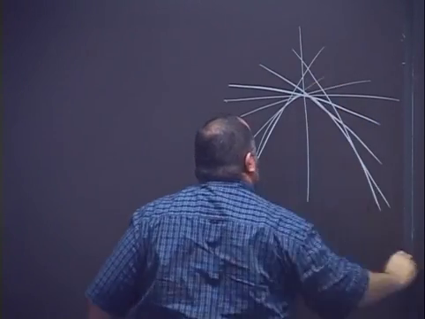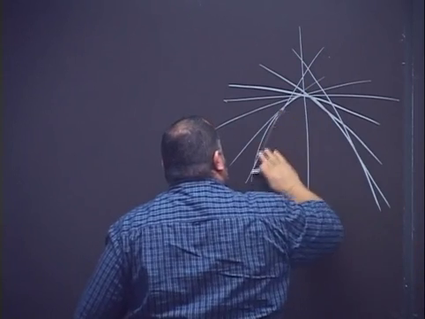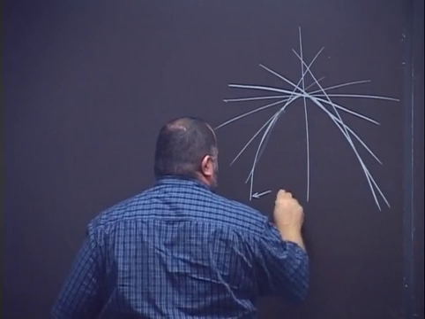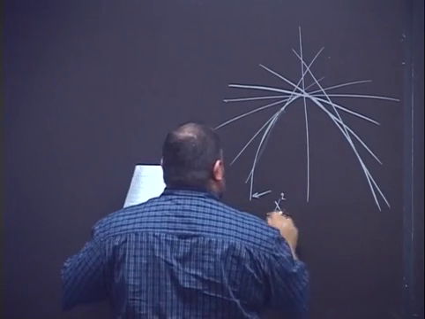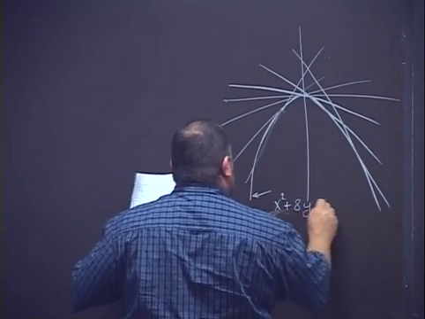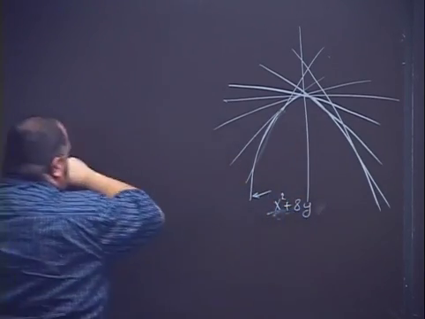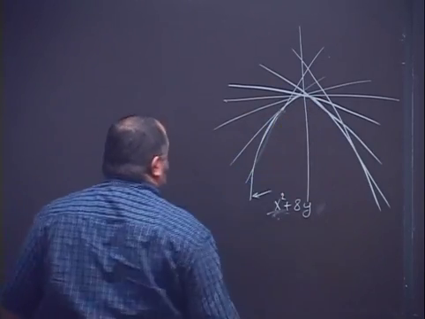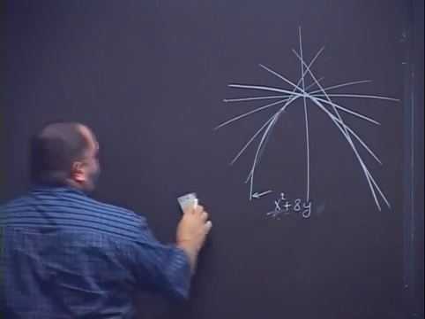But the envelope forms another solution, which was something like x squared plus 8y. This was the solution for the envelope. So if you have a solution that's not derived from the primitive solution, which is linear in this case, we call it a singular solution.